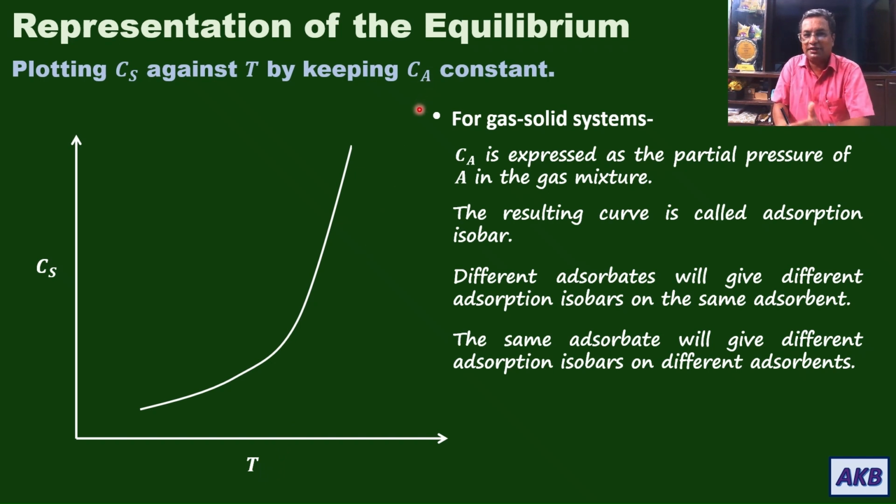For gas solid systems, Ca is expressed in terms of partial pressure, and since this curve is obtained at constant pressure, we call it adsorption isobar.